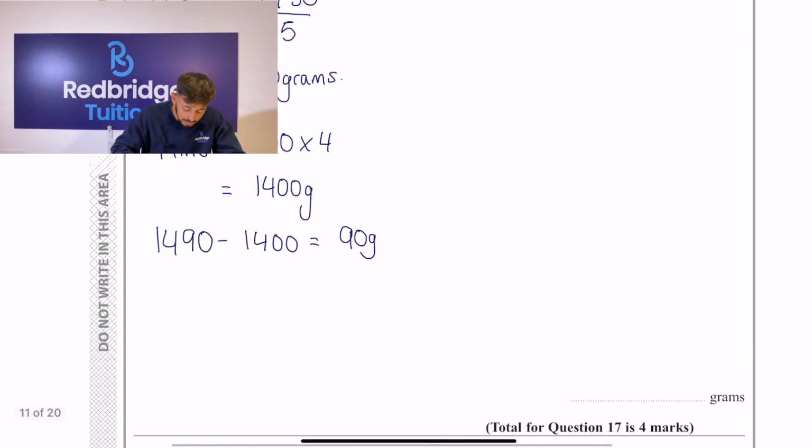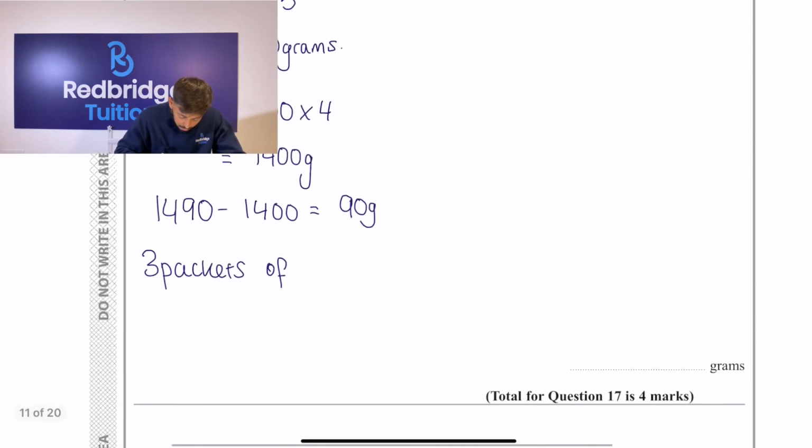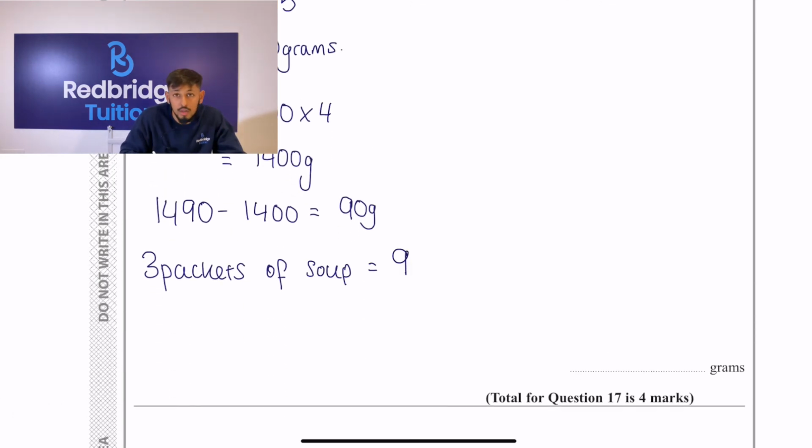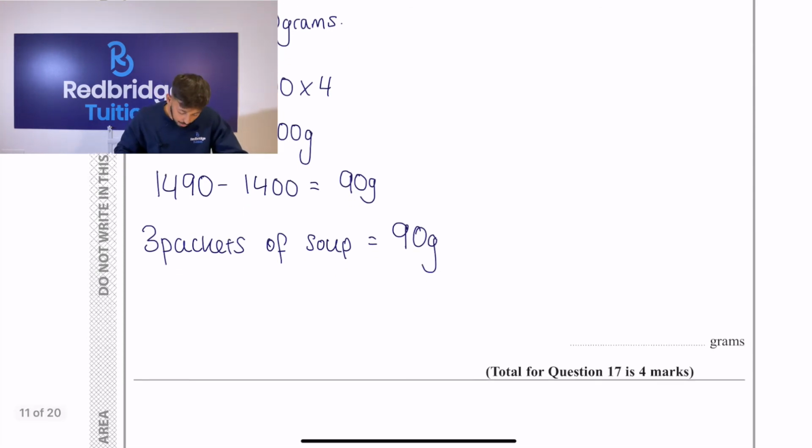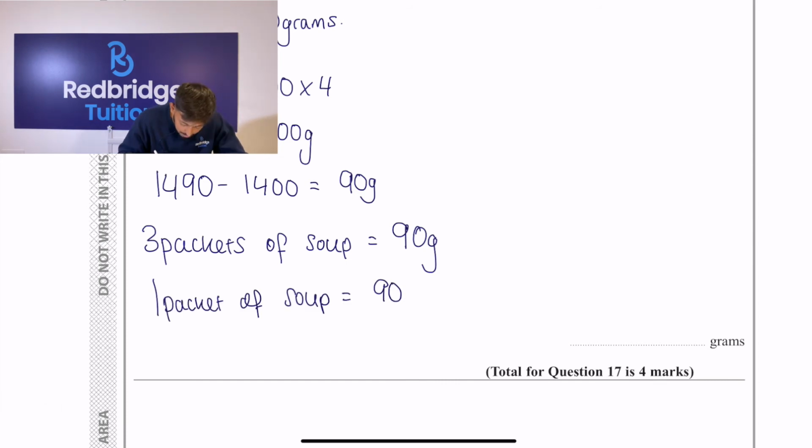I'm going to make that nice and clear. I'm going to write down here 3 packets of soup is equal to 90 grams. Now, to work out the weight of 1 packet, we are going to do 90 divided by 3. And that will equal 30 grams.